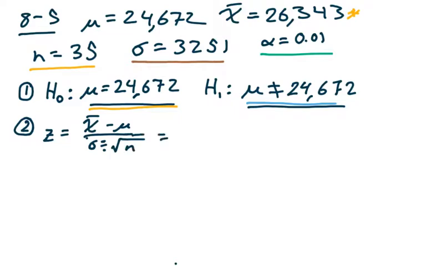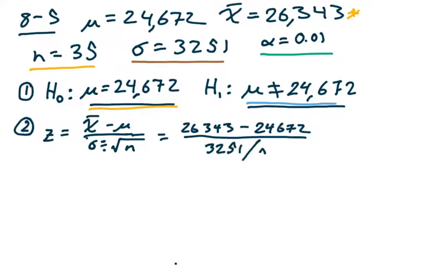And so we're just going to be substituting in everything that we have here. So we got 26,343 for our sample average, 24,672 for the population mean, 3,251 for sigma, and then for this, we're taking the square root of 35.